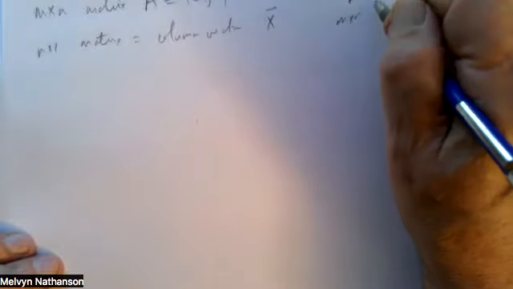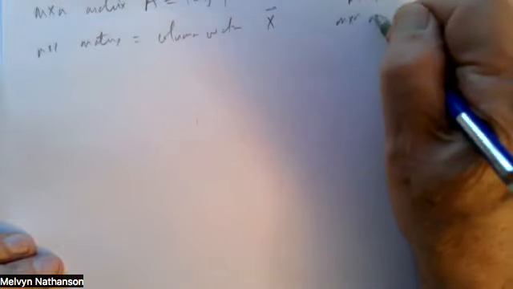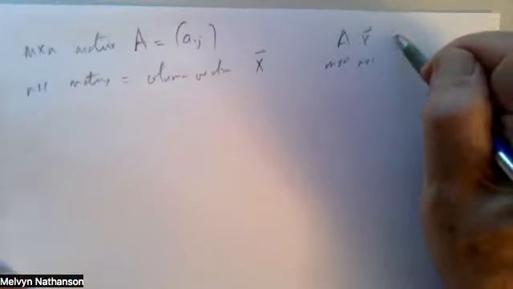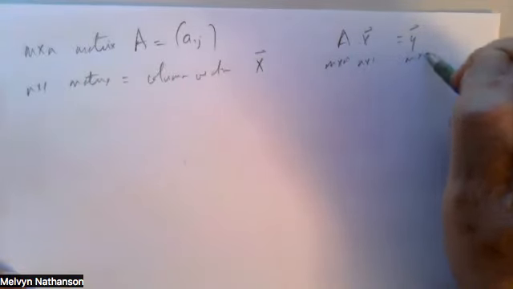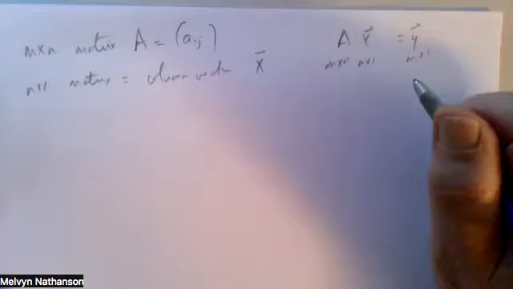Every column vector is an n by 1 matrix, so the n's are the same. Call the product Y. This is going to be an m by 1 matrix, or an m-dimensional column vector.